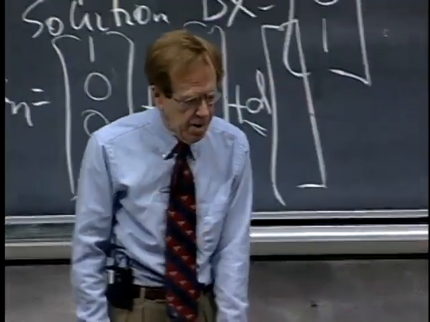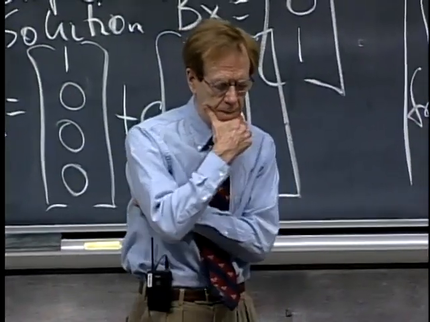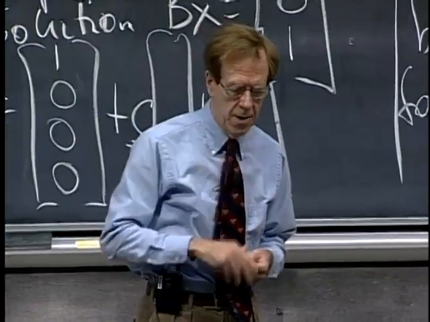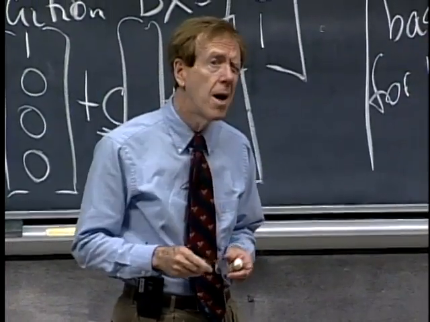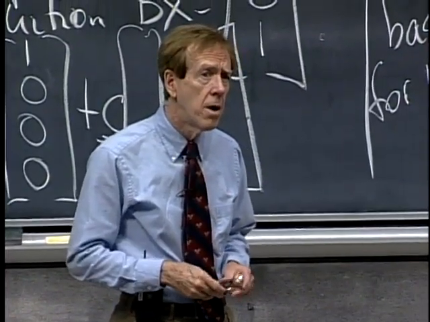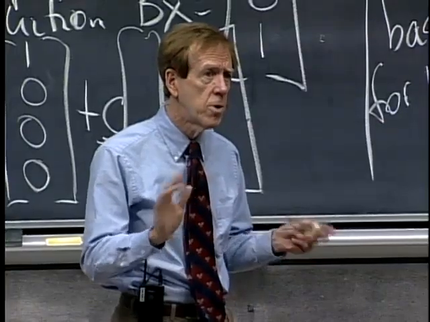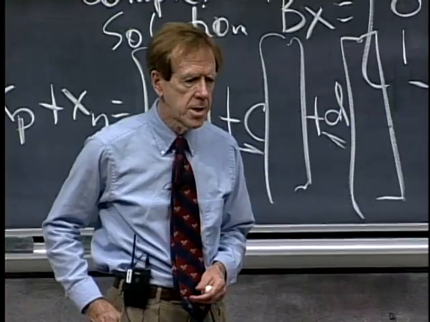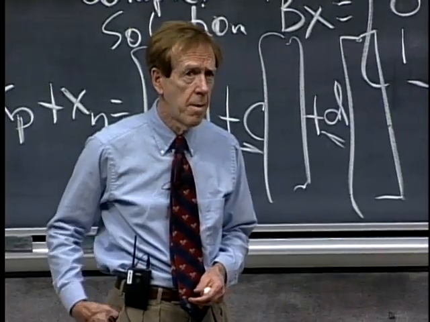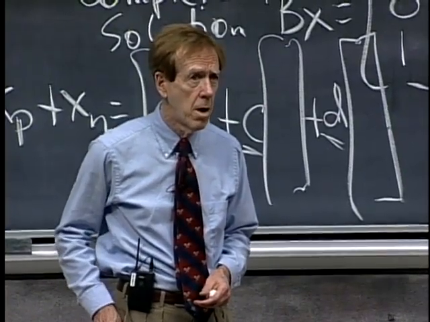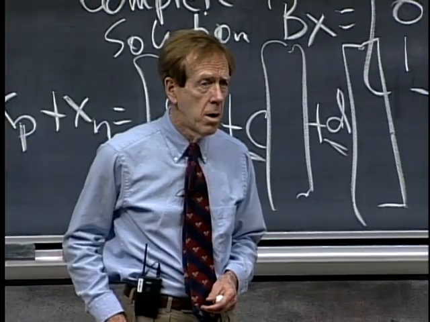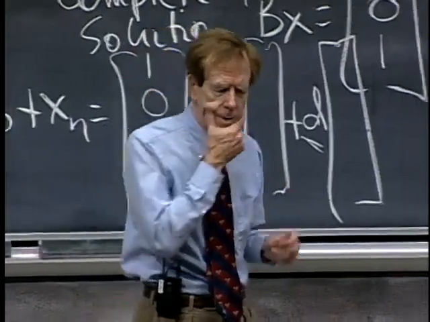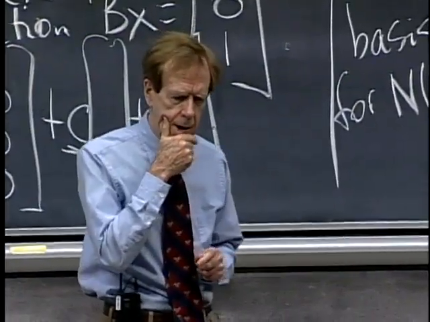How about this? If A and B have the same four subspaces, then A is a multiple of B. Suppose those subspaces are the same, is A a multiple of B? How do you answer a question like that?